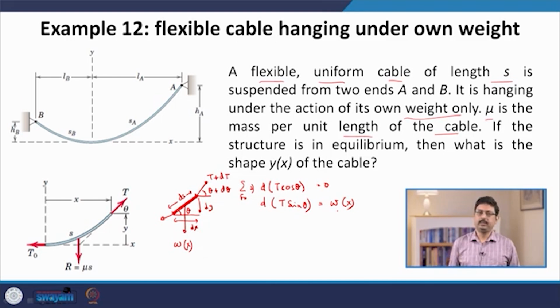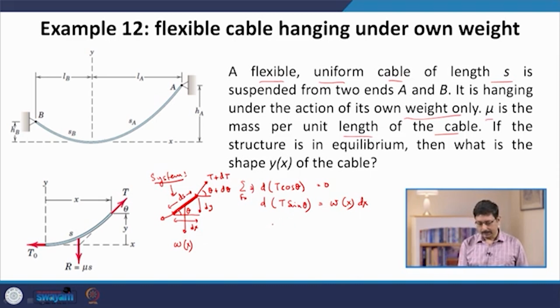In the previous example, we considered that W was constant. However, in this example, this W is the weight of this slice of the rope. This is our system, the slice of the rope. Now, this W is W naught times dx. So, that is what we found.